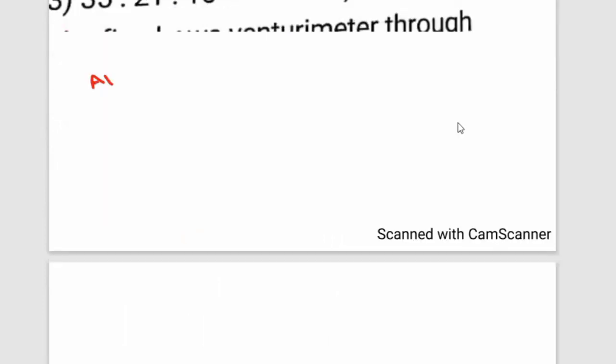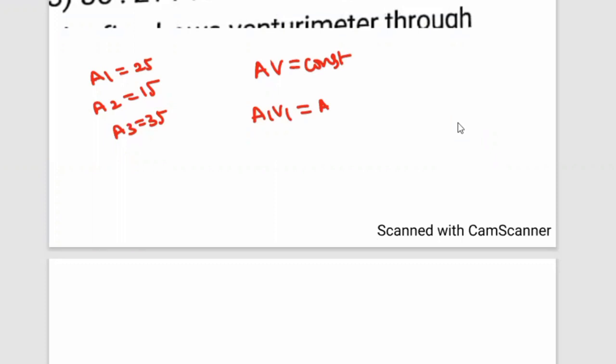You can take area A1 is equal to 25 centimeter square, A2 is equal to 15, and A3 is equal to 35. We know according to the equation of continuity, AV is equal to constant. We can write A1 V1 is equal to A2 V2 is equal to A3 V3. So 25 times V1 is equal to 15 times V2, that is equal to 35 times V3.